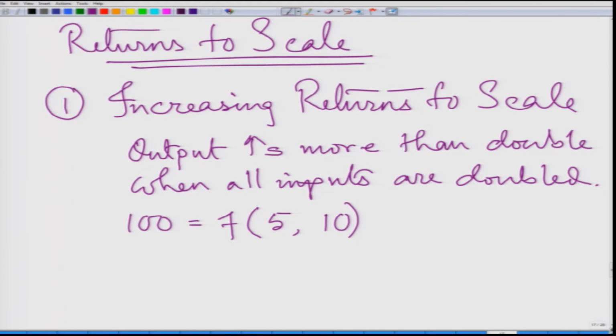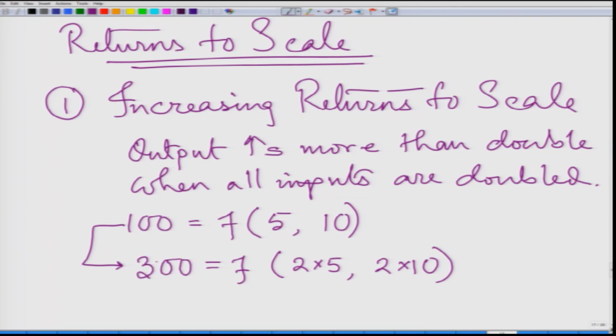Now I multiply the number of doctors and the number of beds by 2, and I see what the patient turnover or treatment is. With these 10 doctors and 20 beds, the number of patients being treated increases by 3 times, right?